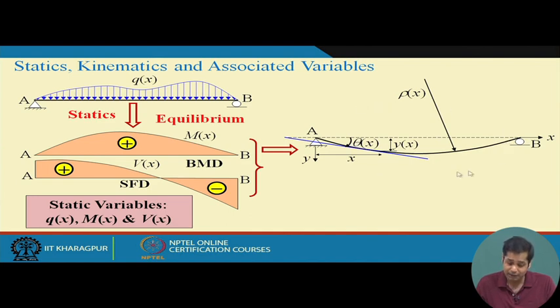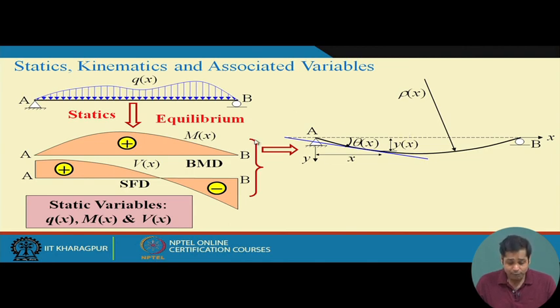If you remember, the internal forces are from the safety point of view, and the deflection is from the serviceability point of view. So these are the two responses we want from structural analysis.